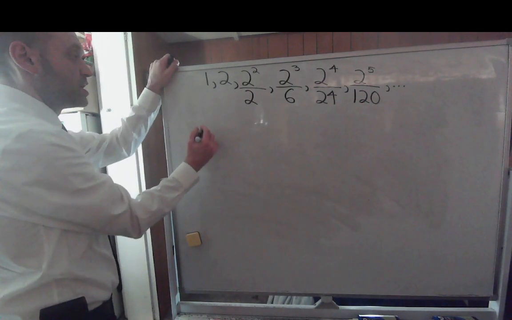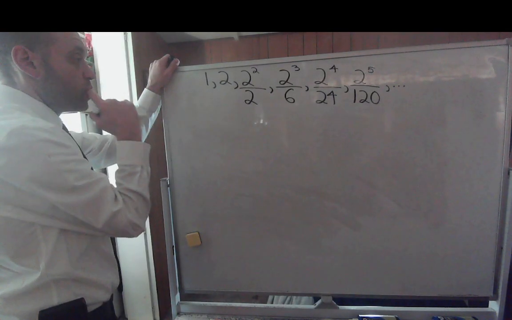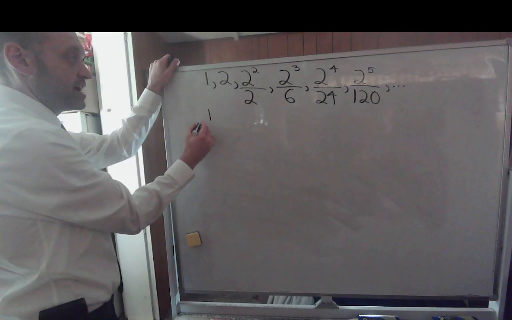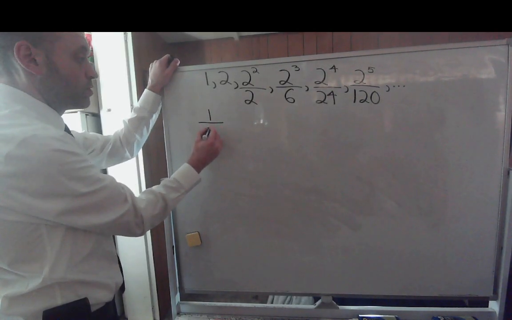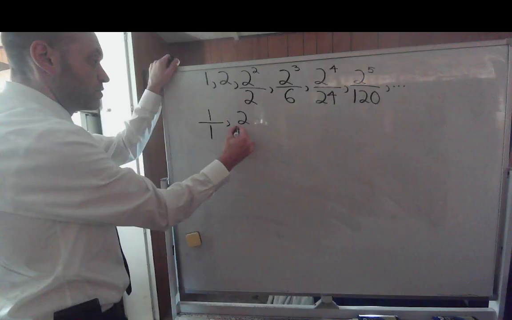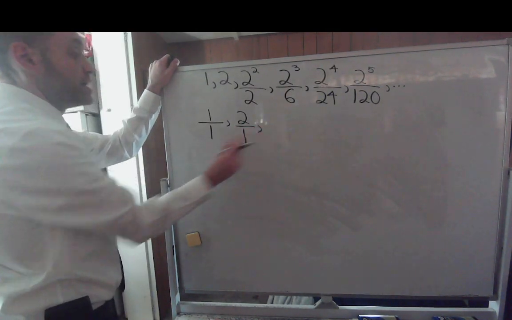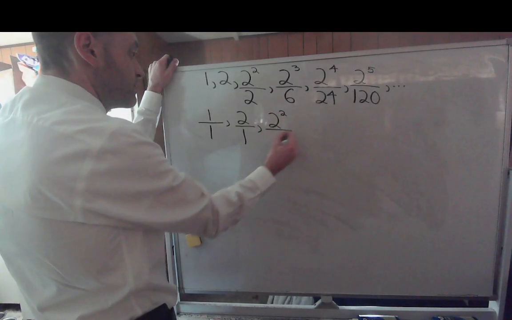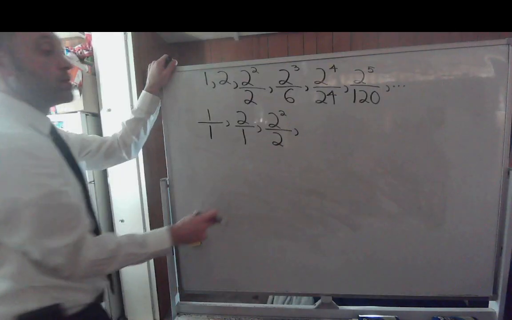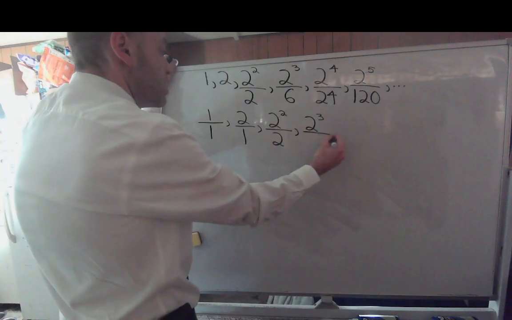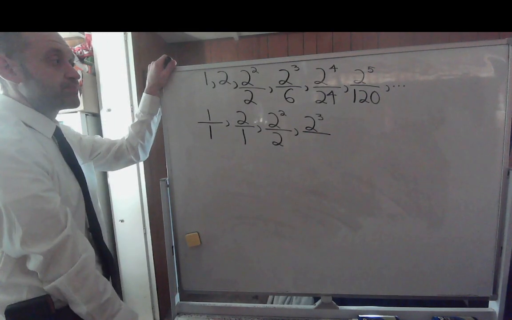What is 1? That's the same thing as having a denominator of 1, right? 1 over 1. 2 is the same as 2 over 1. Now, 2 squared, of course, that's 2 squared, then you'll have it over 2. Well, then you have 2 to the 3rd over 6.